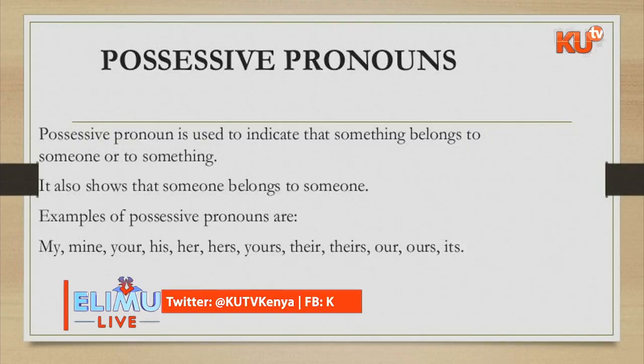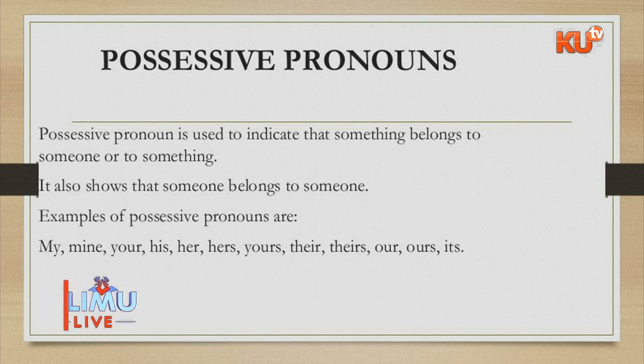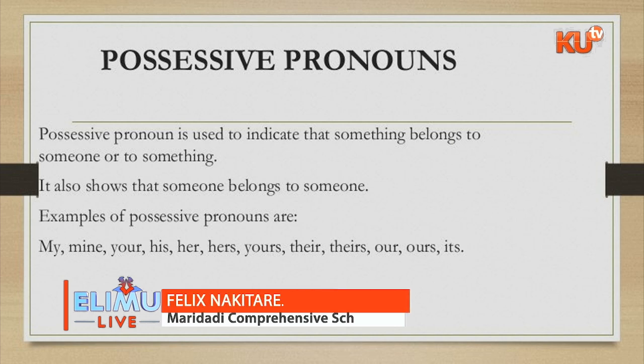Possessive pronoun. Now, what is a possessive pronoun? Possessive pronouns are pronouns that are used to show possession, or rather we can say possessive pronouns are pronouns that are used to show that something belongs to someone, or someone belongs to someone. For instance, you can say, I belong to my parent.